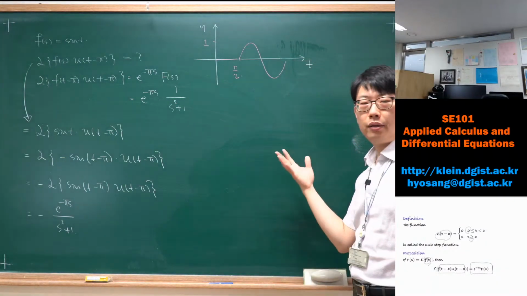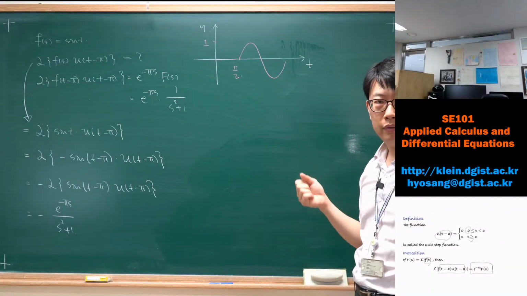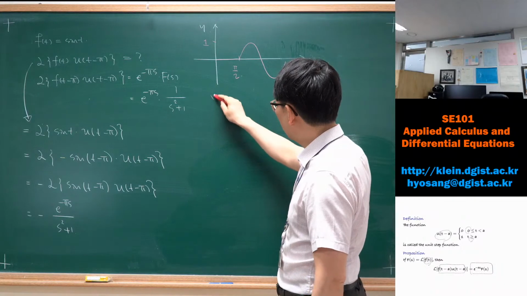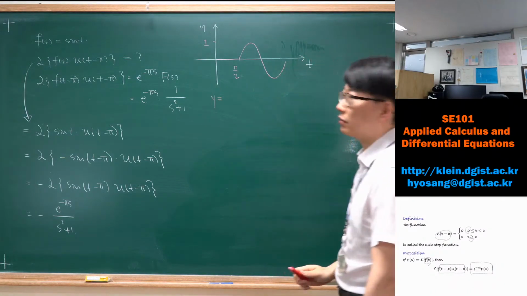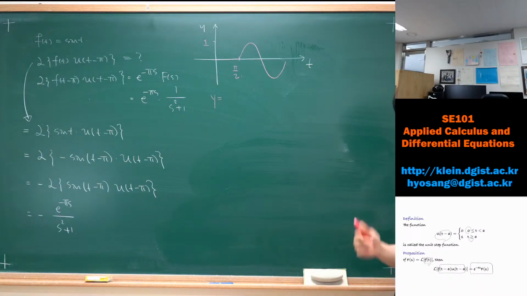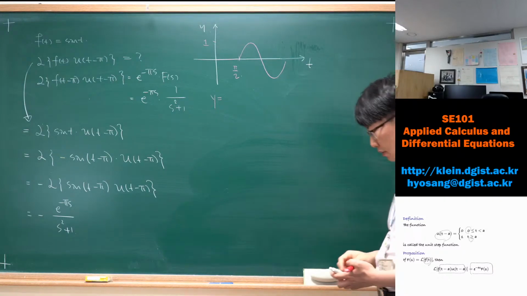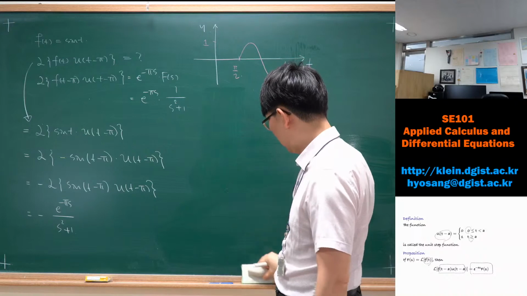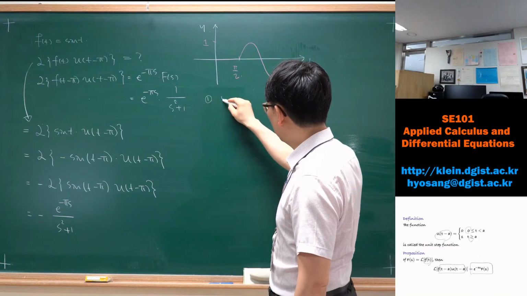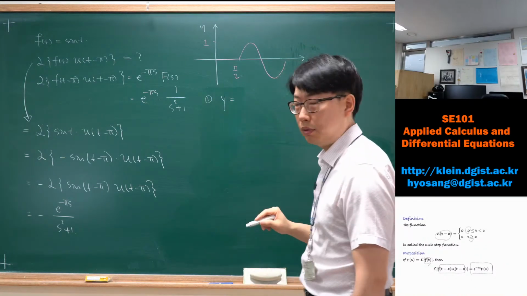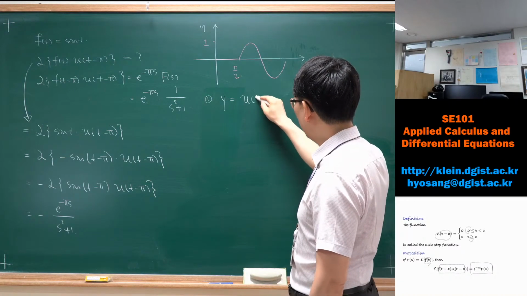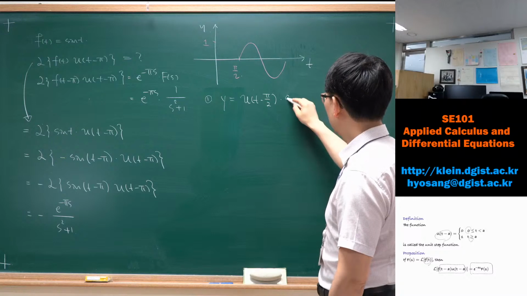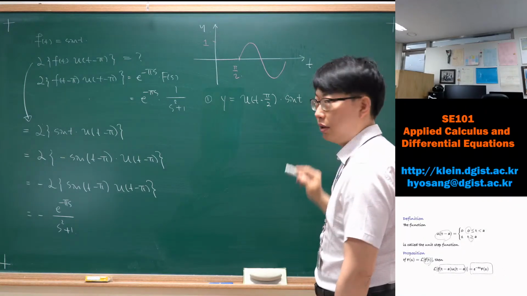How do we write this function in terms of the sine and the unit step function? Here are two candidates. One candidate is that y equals the unit step function u of t minus pi over 2 times sine t.